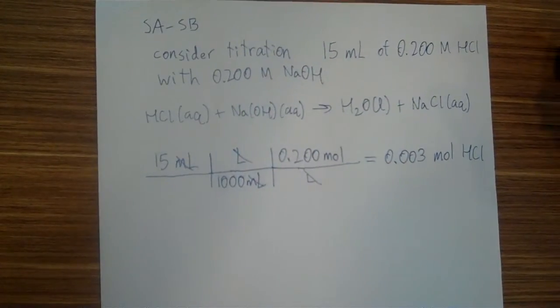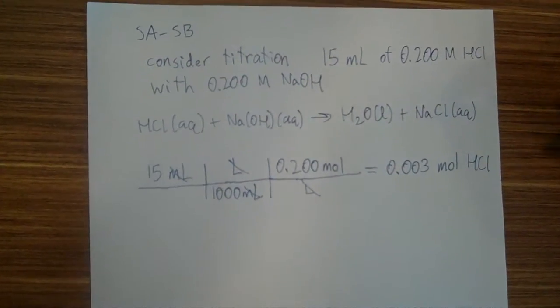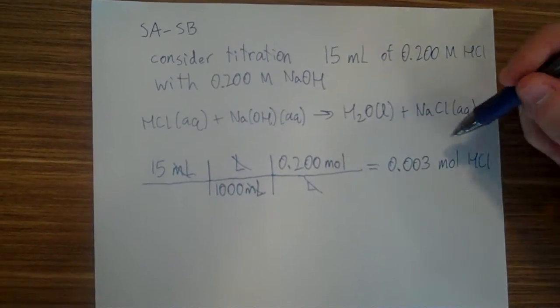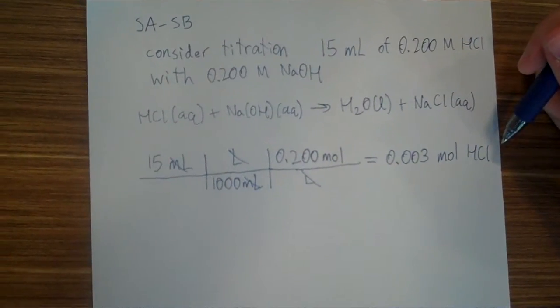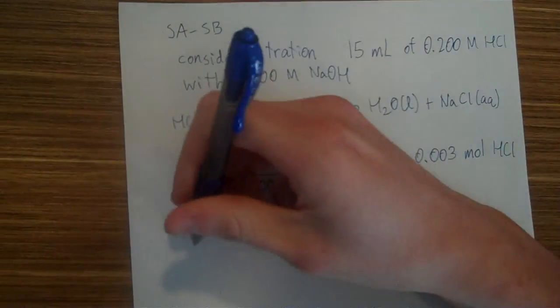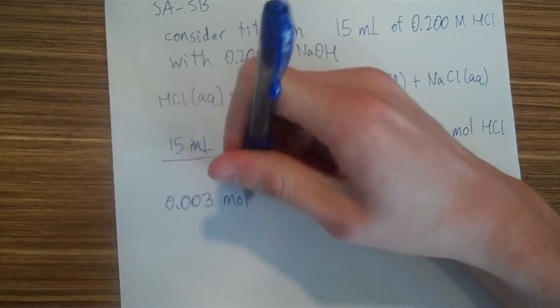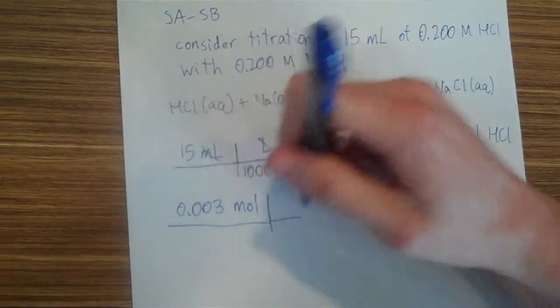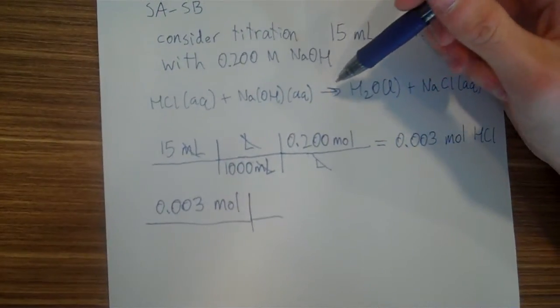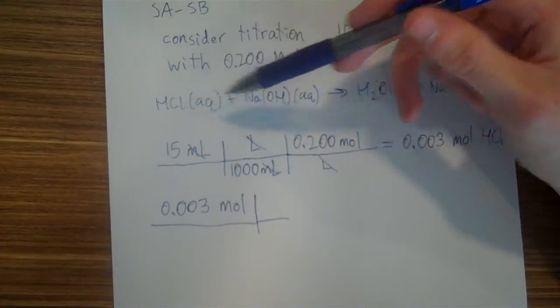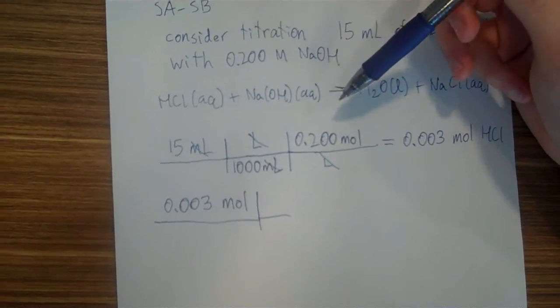So now we should figure out the volume of sodium hydroxide that will react with 0.003 moles hydrochloric acid. By using stoichiometry from our equation, we know that 1 mole of hydrochloric acid reacts with 1 mole of sodium hydroxide.